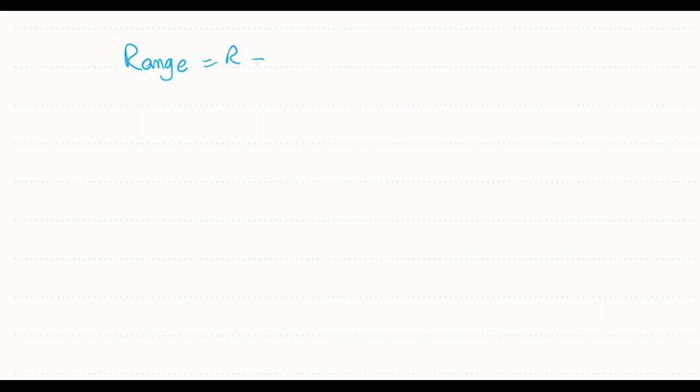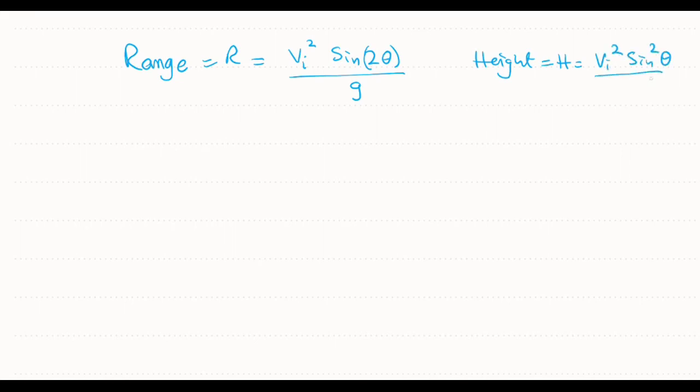Now we have two more equations. One is called the range equation, written as R, and that is given as v initial square sine 2 theta over g, and we have a maximum height equation, which is v i square sine square theta over 2g.